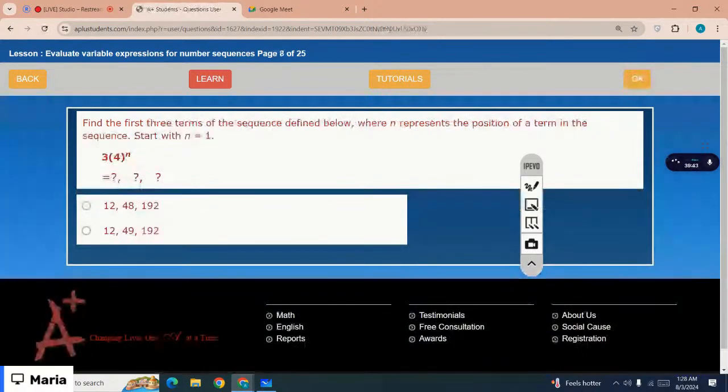Find the first 3 terms of the sequence defined below where n represents the position of a term in the sequence. Start with n equals 1. Which is the correct option?